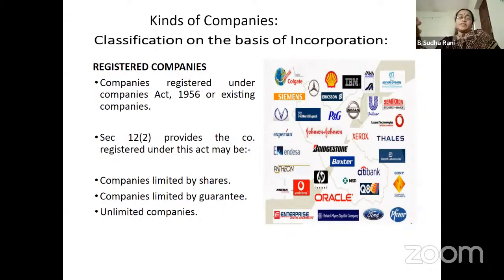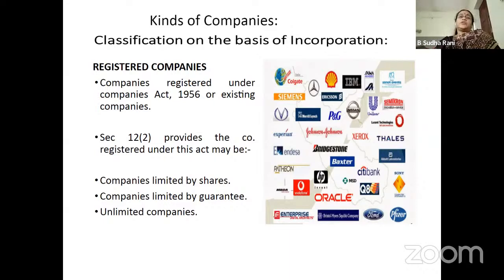The companies which are formed or got recognition under the Companies Act 2013, or 1956 earlier, are all called registered companies. Whatever companies you are seeing in this picture, and whatever names of companies you recall immediately when I ask about companies, all those are registered companies.